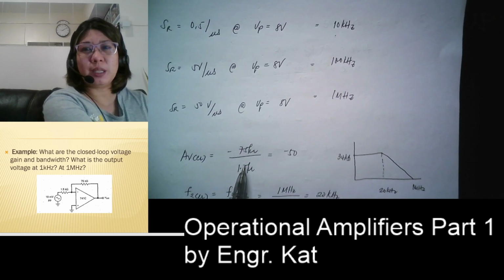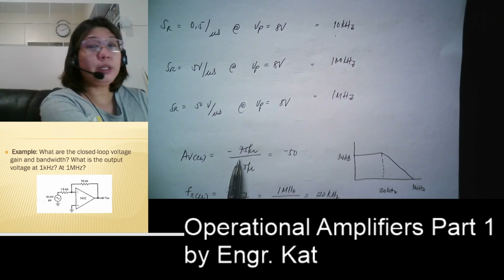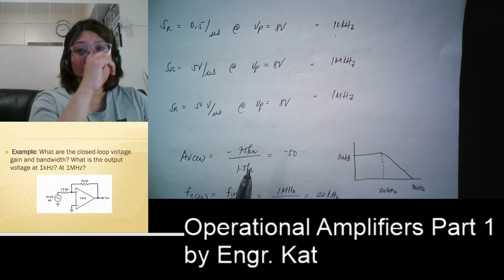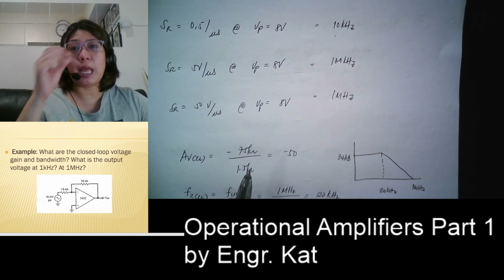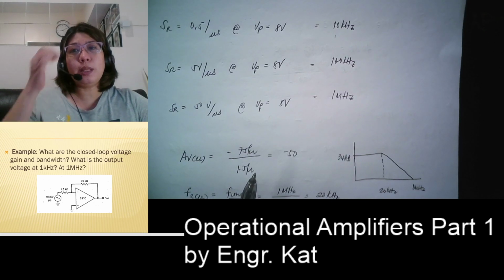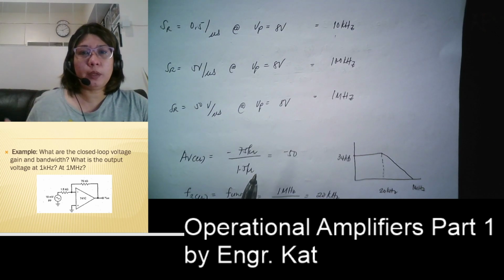The minus is because it is an inverting amplifier. So that is negative 75 kilo ohms divided by 1.5 kilo ohms. We have a gain which is equivalent to negative 50. So the output will be increased 50 times, and the negative sign will signify that there is a 180 degrees phase difference between your input and your output there.